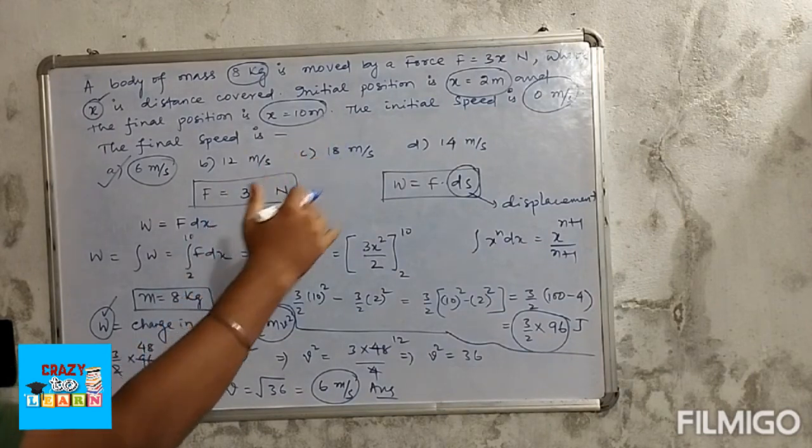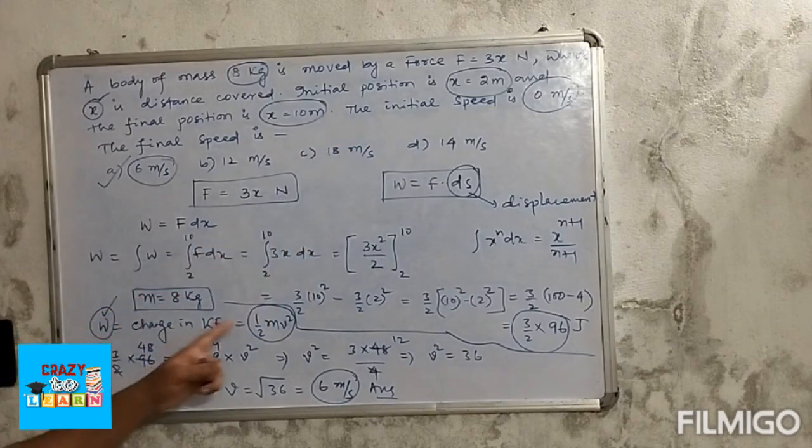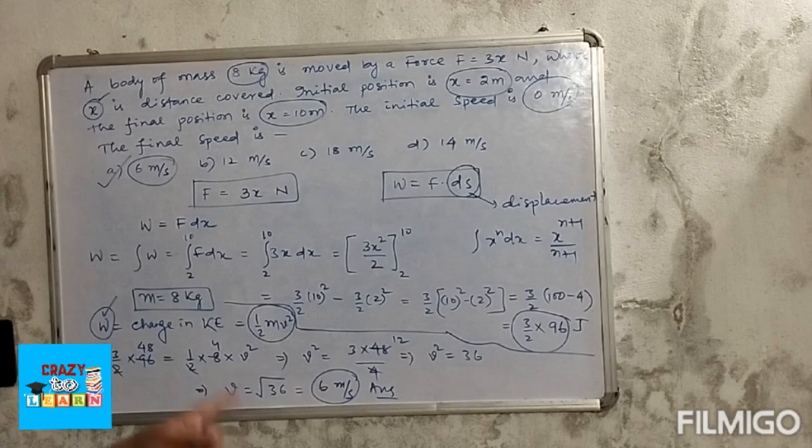If the initial speed were something different, then it would be different. But as here the initial speed is 0, the work done is equal to half mv square, and we can proceed as solved here. Otherwise we have to do something different. So the final velocity v is equal to 6 meter per second. Clear?